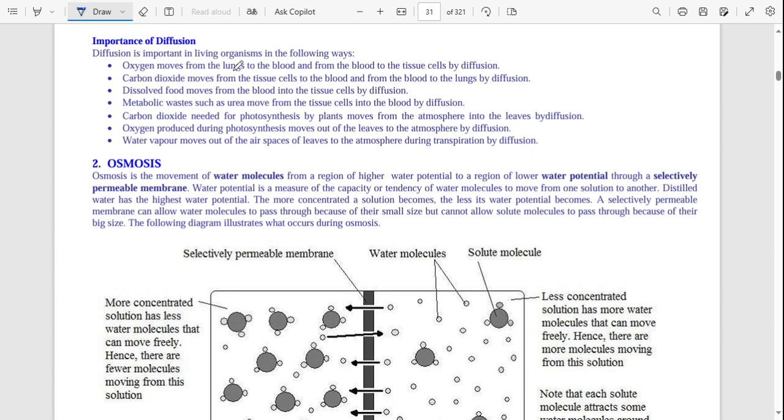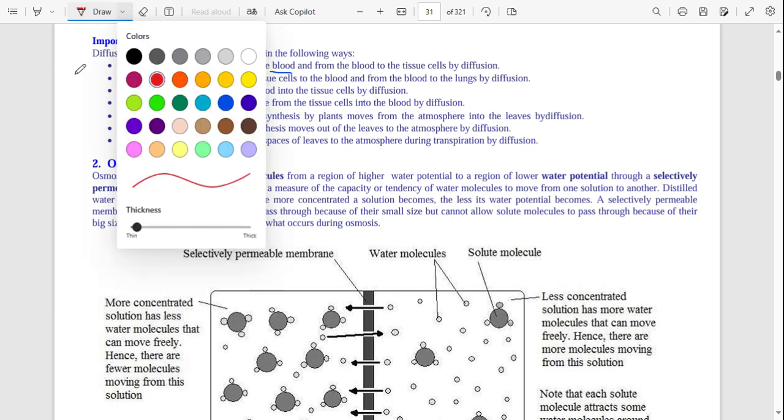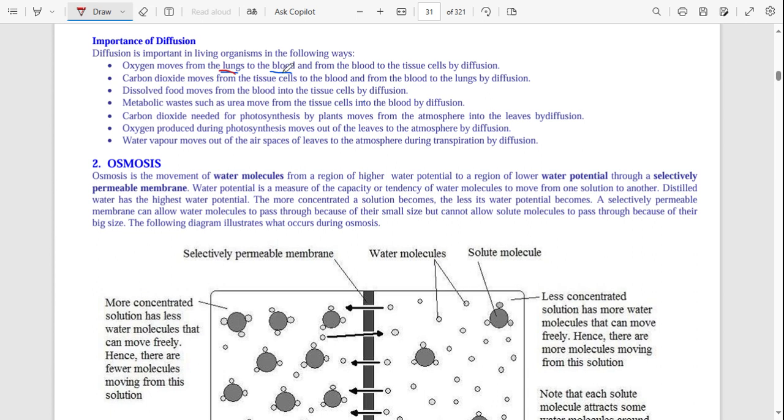So oxygen in the lungs will move from the lungs to the blood. And then when it goes to blood, it doesn't perform its function in the blood. It needs to go to tissue, to cells, so that they can do their function. So the oxygen will move from blood to tissue, and that is by diffusion.